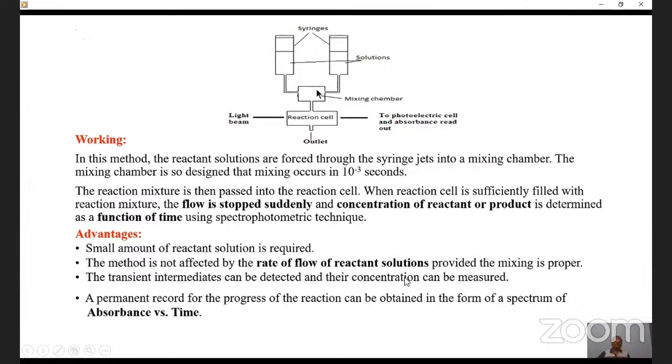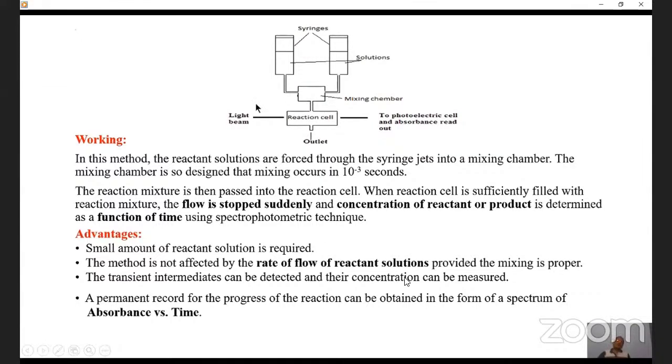The mixing chamber is so designed that mixing occurs in 10 to the power minus 3 seconds. The reaction mixture is then passed into the reaction cell. When the reaction cell is sufficiently filled with the reaction mixture, the flow is stopped suddenly and the concentration of a reactant or product is determined as a function of time using a spectrophotometric technique.